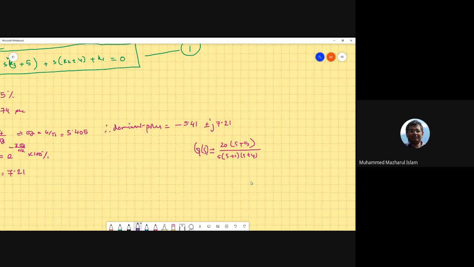Or we could place it at minus 5 so that it cancels out the zero. Remember, the zeros of a system affect the response. So let's write it down.